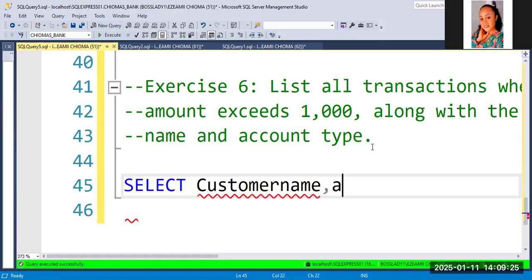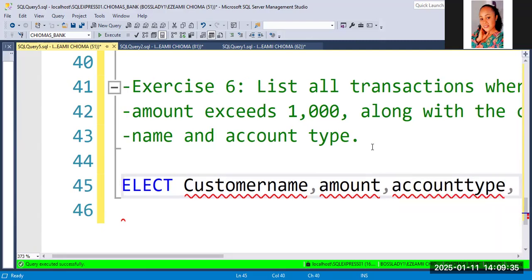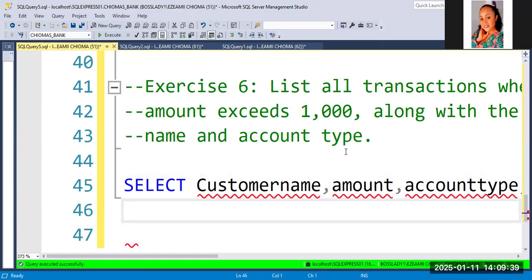But we just make it simple: amount, account type. So let's just do with this. Account type from. So we're going to select from transaction since we want to list all transactions.